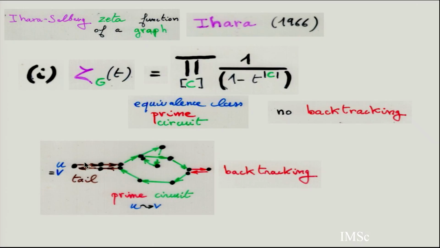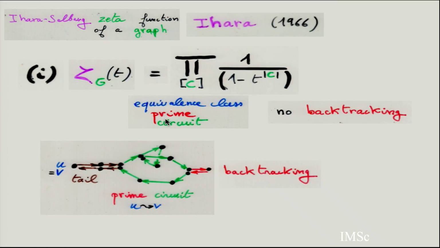A tail, here, these two edges are not consecutive. But if you take the equivalence class, this tail will become a backtracking in the equivalence class. So I just say no backtracking in the equivalence class, it means that if you fix a starting point, there will be no tail and no backtracking in the circuit.